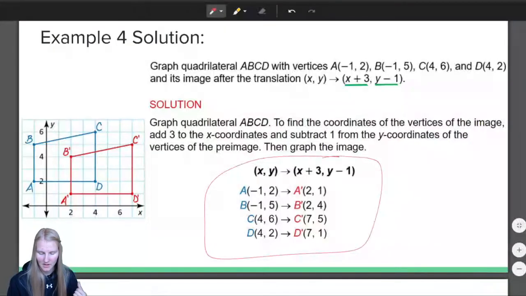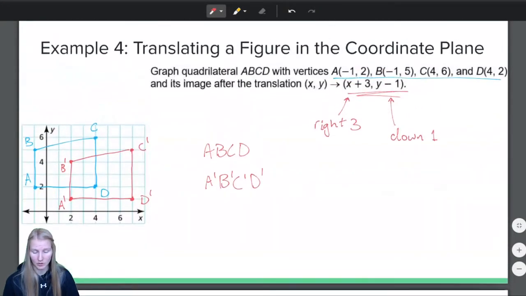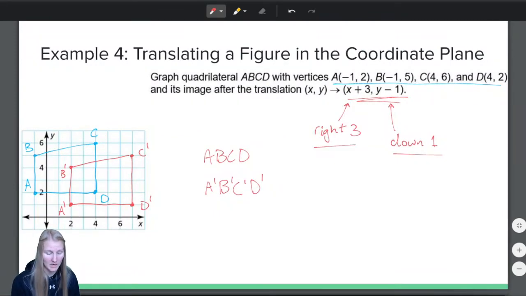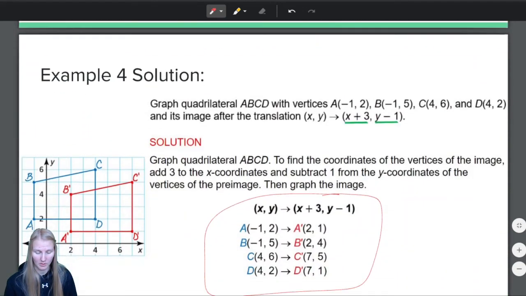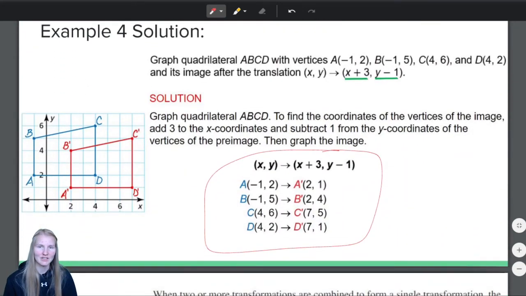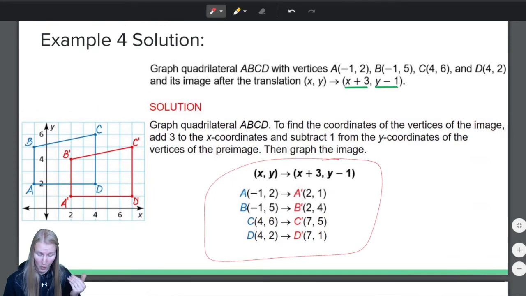Now, this is something we didn't do. So, you can write right 3, down 1, and you can count the boxes just like we just did. Another way that you can do these problems is you can calculate the coordinates based on the rule.